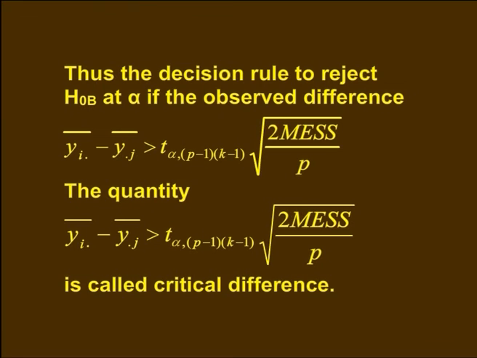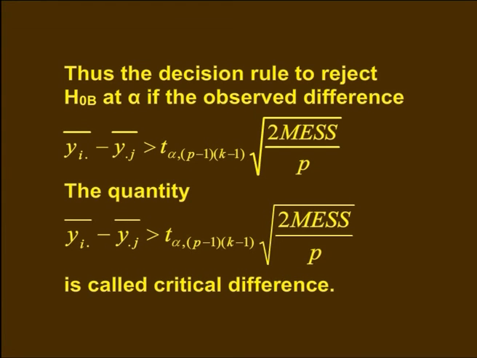Here y bar i dot gives the mean of the ith group, y bar dot j gives the mean of the jth group. Thus, the decision rule is to reject H naught B at alpha if the observed difference y bar dot i minus y bar dot j is greater than t alpha, p minus 1 k minus 1, into square root of 2 times mean error sum of squares divided by p.